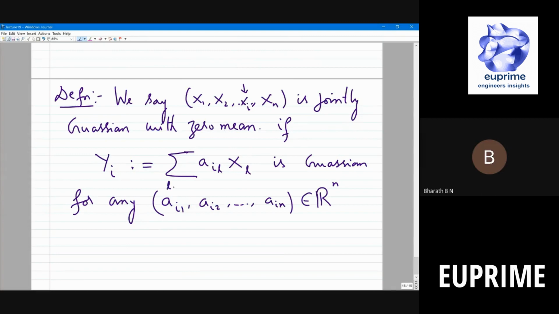Of course, this is l equal to 1 to n here, and you take any i, it doesn't matter, i equal to 1, 2, etc. Is this fine? You take any linear combination of these, the resulting random variable should be Gaussian. Is that fine?